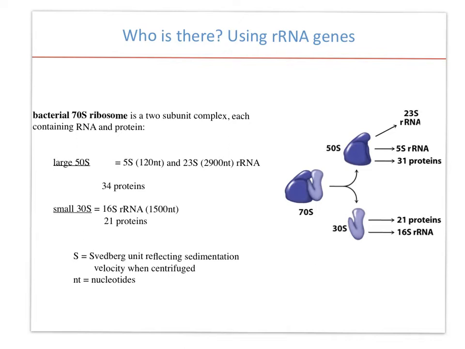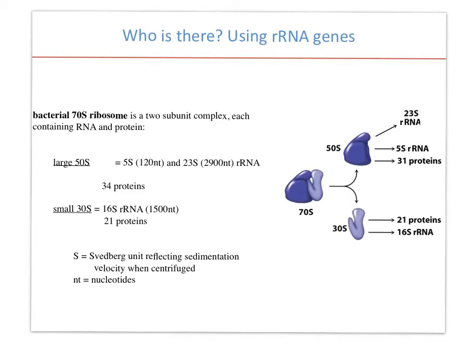And as a reminder, the ribosome is made up of these 2 subunits, 50S and 30S. I've gone over this, so I'm only going to briefly hit on it. S refers to the Svedberg units, referring to the velocity when centrifuged.